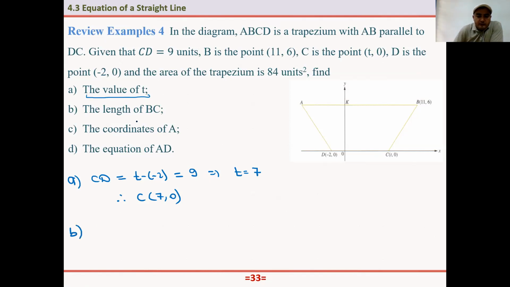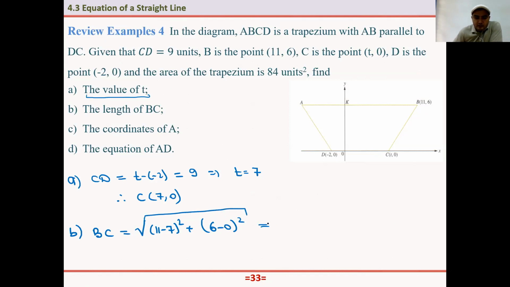B, the length of BC. Since I know the coordinates of C and of B, we can find its length. BC is equal to the square root of (11 minus T) squared, where T equals 7, so 11 minus 7 squared, plus the square of the difference of y coordinates, that is 6 minus 0 squared.